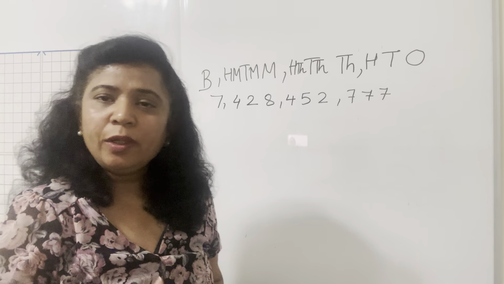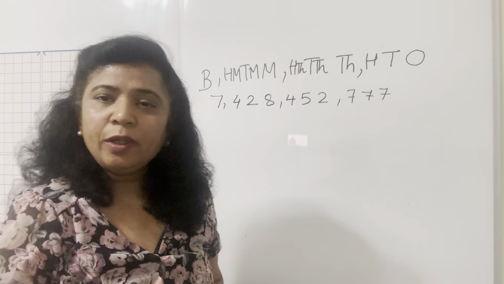Right? The first period has hundreds, the second period has thousand, the third period has million, the fourth period starts with billion. Okay, so this number is already written in standard form.